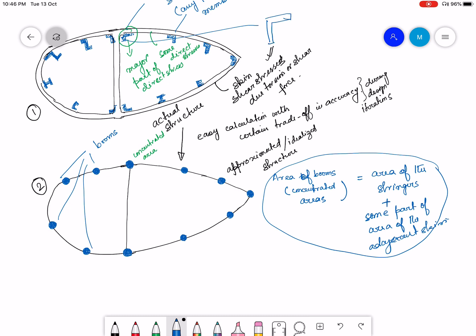My sigma z varies with x and y at different locations of the stringer. But here I have only one sigma, which is not a function of x and y, because the boom is a concentrated area. So the direct stress in the boom is constant.